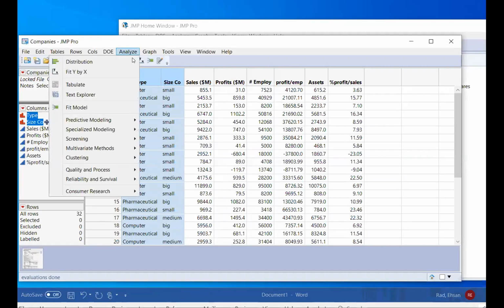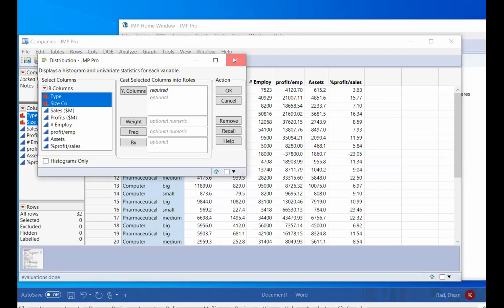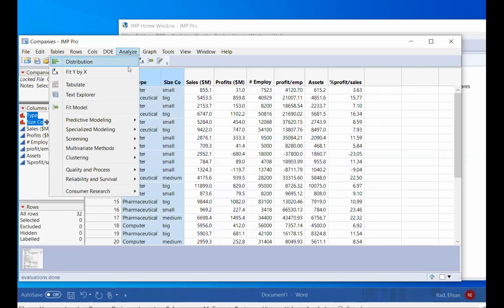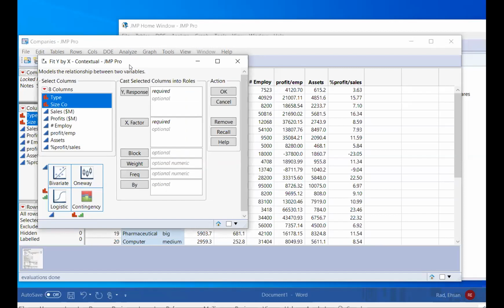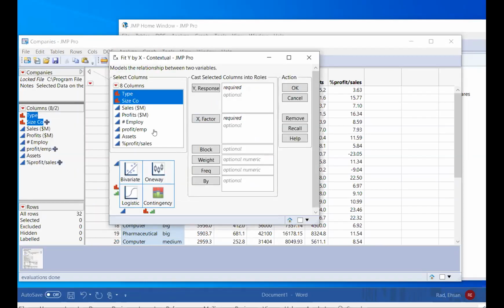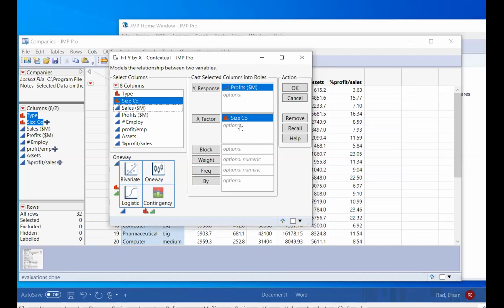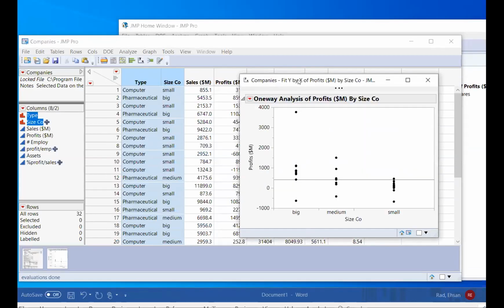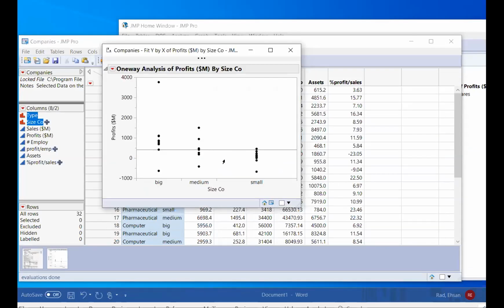That tells me use Fit Y by X. Profit goes here, and size of company goes here. So size of company is independent variable, profit is dependent variable. Click OK. Groups are separated.